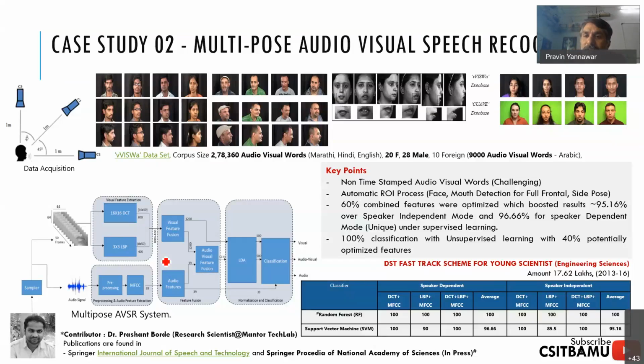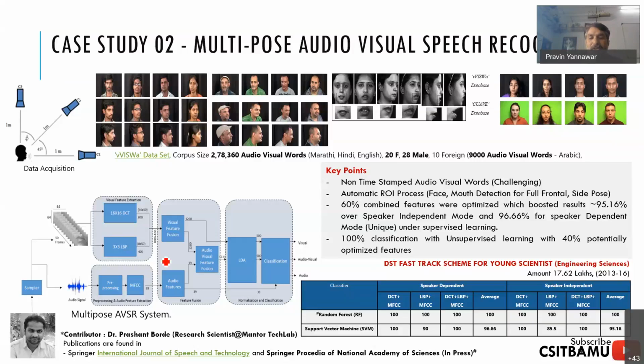We have also developed audio visual words for the Arabic language, with 10 foreign speakers. So this whole database is also available. This data set is called the Vishwa data set. So that is available here.